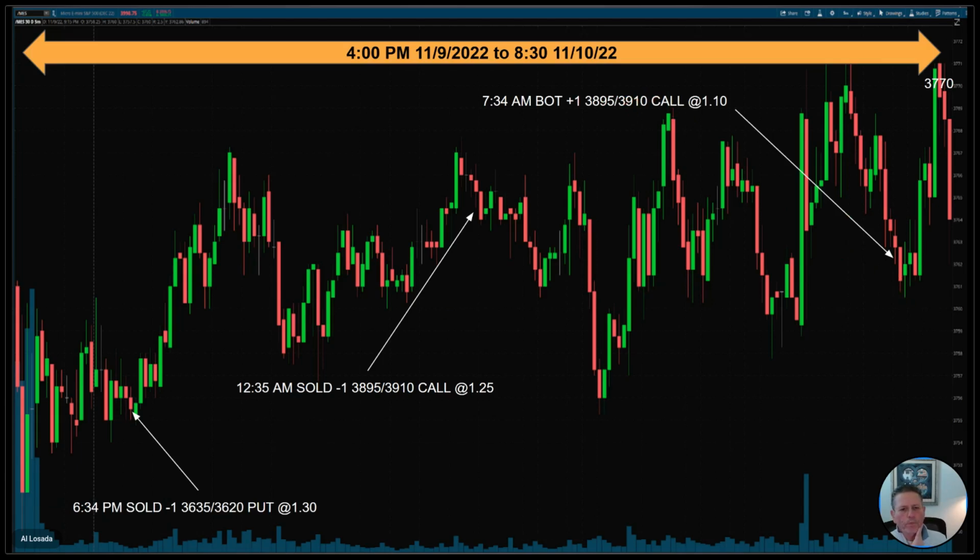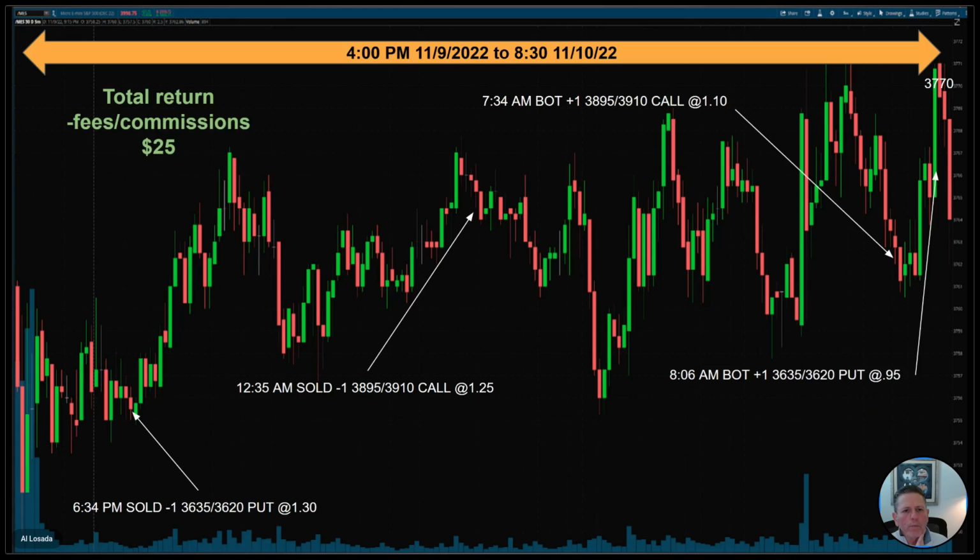Then we put on a put, and the market went up and went down, and we closed that position as well. There we eked out $25 on this position.